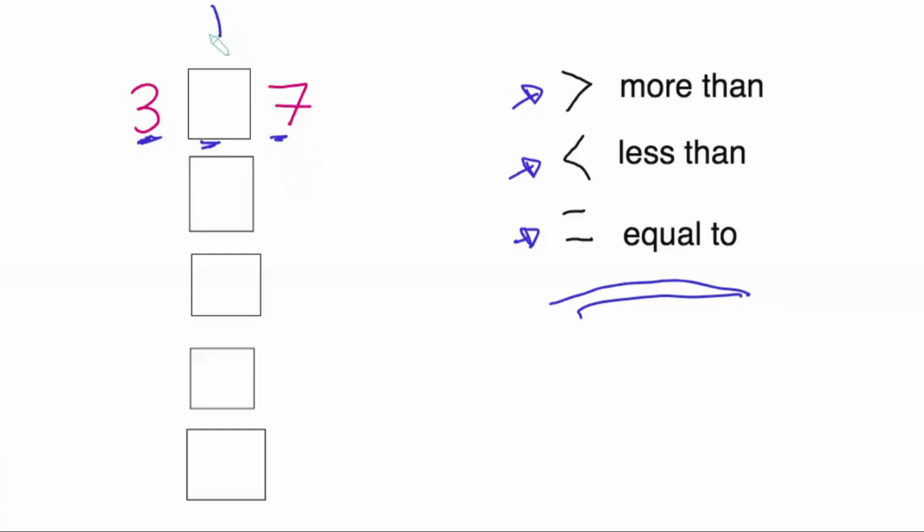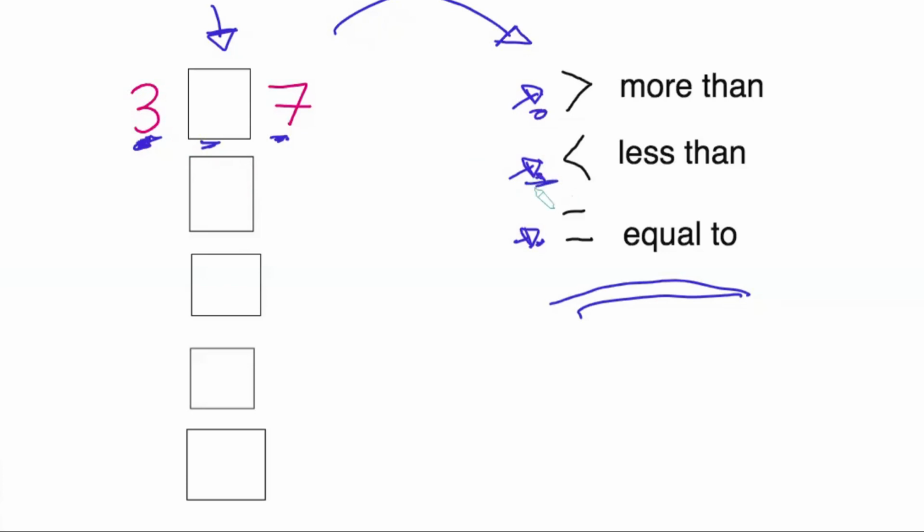Now, in these boxes here, we are going to use one of these symbols to make a correct number sentence. So, is 3 more than, less than, or equal to number 7? That's the question. Now, we already know that 3 is a smaller number than number 7.